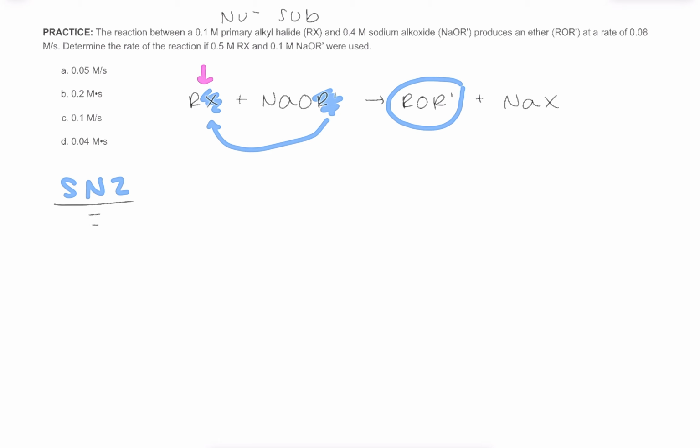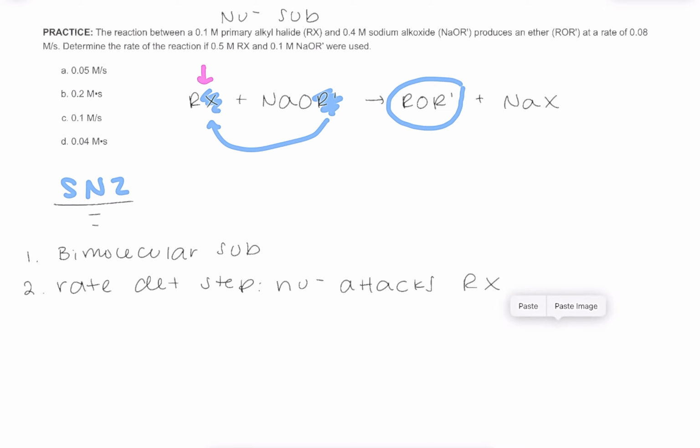Now, what are some characteristics we know of SN2 reactions? One of the most important is that it's a bimolecular substitution that involves the simultaneous attack of the nucleophile and removal of the leaving group. A second key characteristic is that the rate determining step is when the nucleophile attacks the alkyl halide.